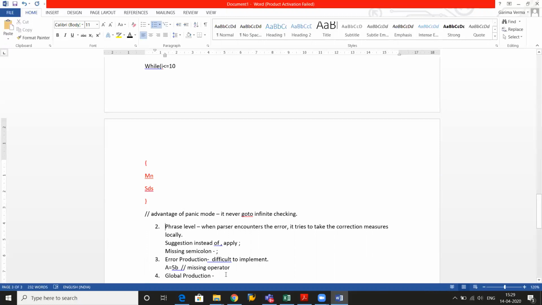But in the global production, for a particular statement which is written wrongly, a new statement which is error free will be created by the compiler, and the suggestion will be given by the compiler as a whole statement. Like you can replace this statement with this statement.